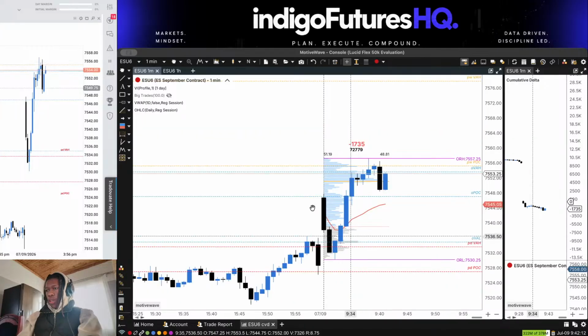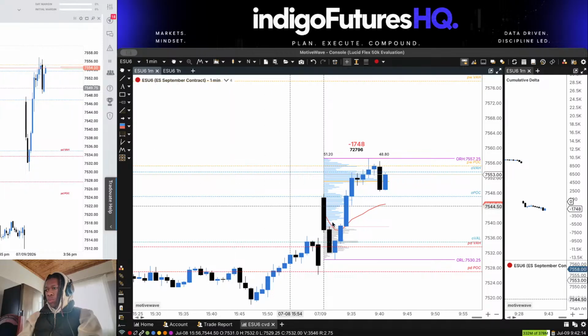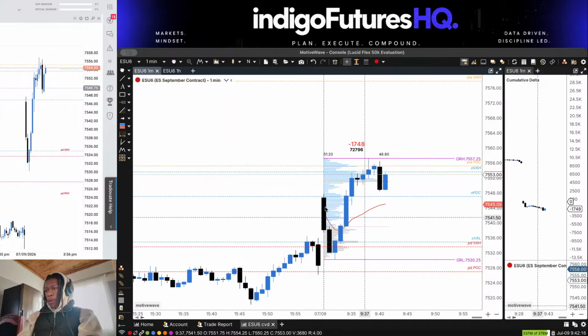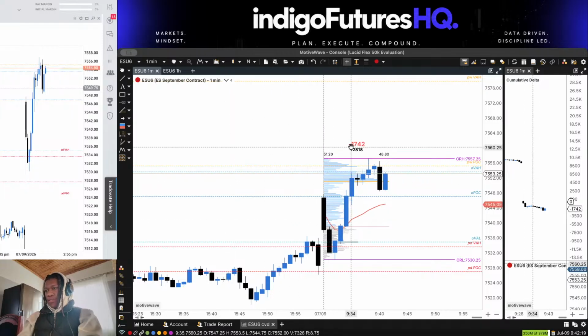Here we go. Okay, so what are we seeing above the VWAP? We're above the VWAP. Delta is negative though.